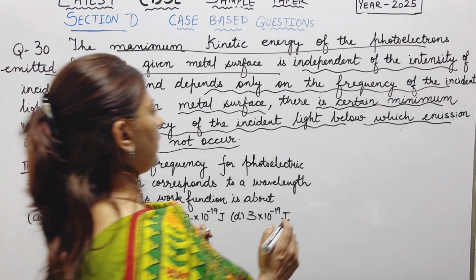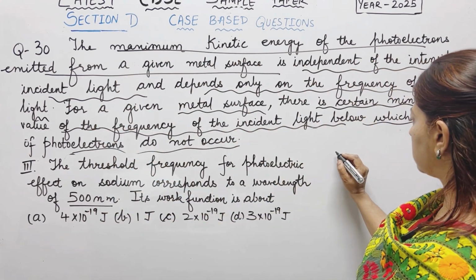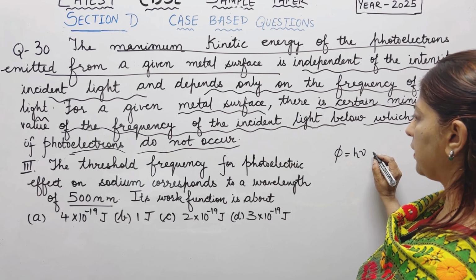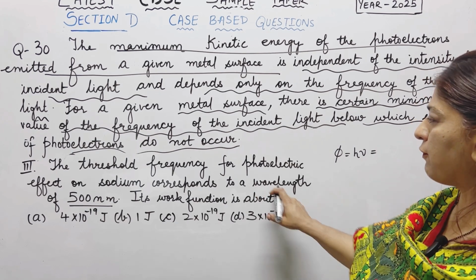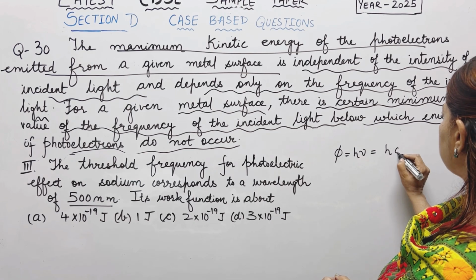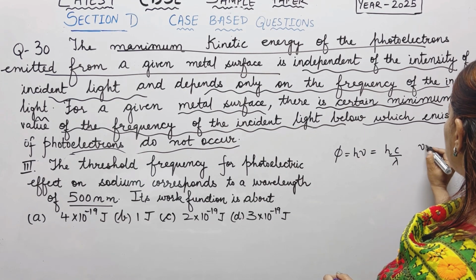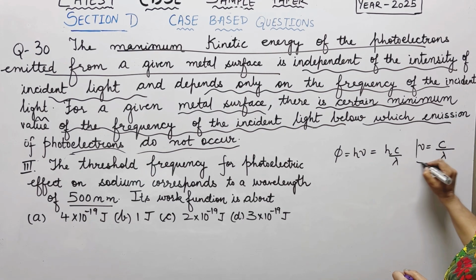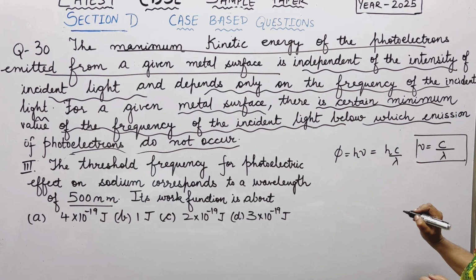So we have the formula, the work function phi is equal to h nu, and here the wavelength is given to us. So nu is related to wavelength by the relation nu = c/lambda, where nu is frequency, c is velocity of light and lambda the wavelength. This is the formula that I have applied here.